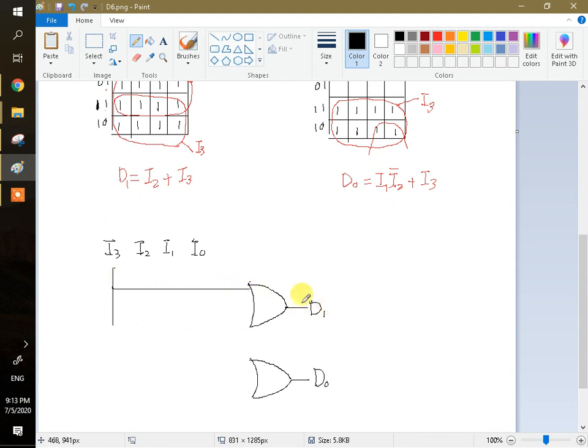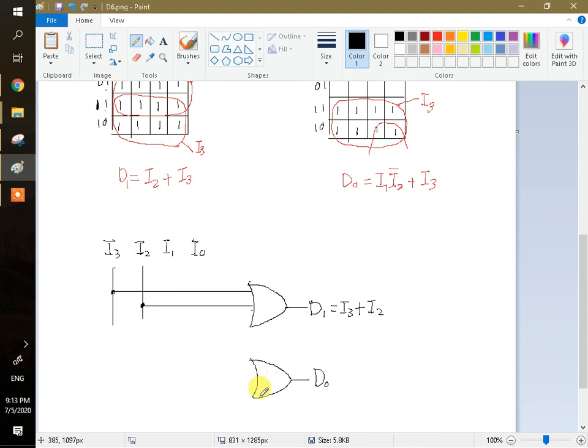Because active high or active high, right? It's easy. There's nothing difficult here. I3 and I2. So draw I2 down here. Extend I2 line here. Extend I2 line. Connected. Link to this. So this one is equal to I3 or I2. Similar to the one we got.